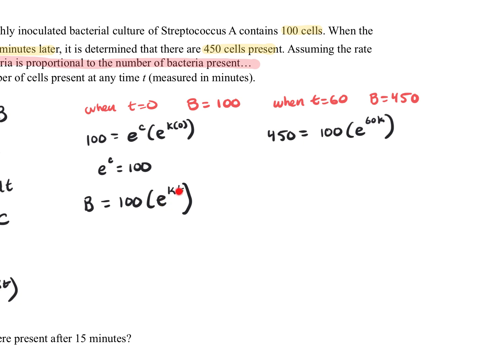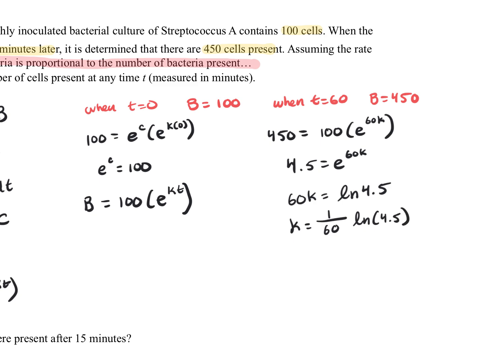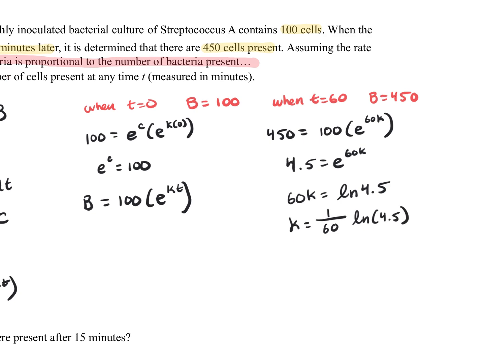So we have k times our t value, which in this case is 60. Then we can solve for k. So 4.5 equals e to the power of 60k, and I'm going to need to rewrite this in logarithmic form. So 60k equals the natural log of 4.5. So we have k equals 1/60th times the natural log of 4.5. So that's our k value.